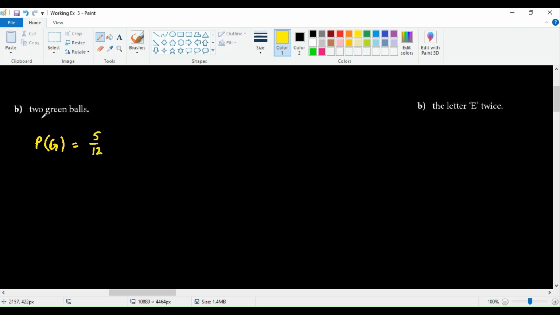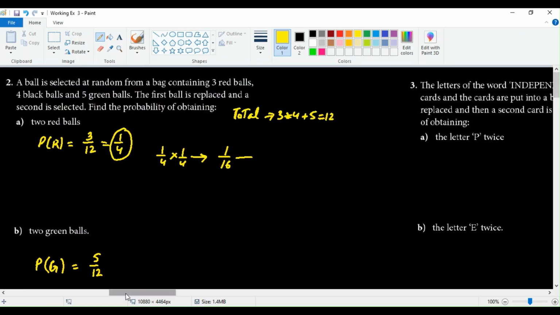Now we are talking about two green balls. It's going to be 5 over 12 times 5 over 12. So finally it's going to be 25 over 144. Since this cannot be simplified further, this is going to be the answer for part B.